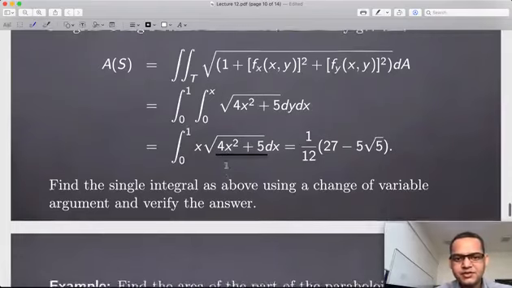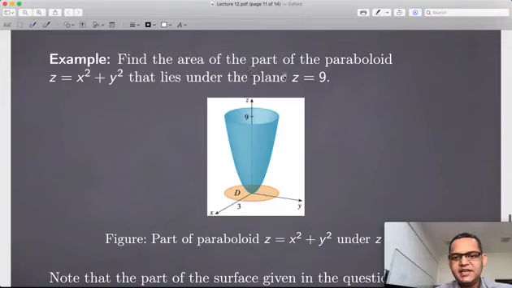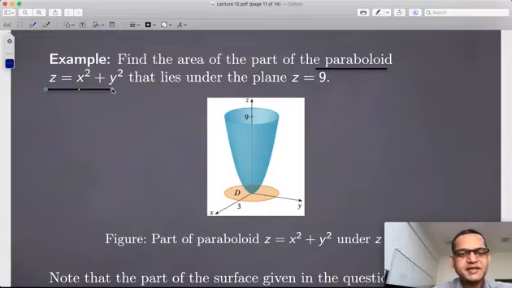Okay, so do this. I give you one more example over here. Find the area of the part of the paraboloid. These are the surfaces which we had drawn in the beginning. The cross sections are again parabolas, correct? z and x, this is a parabola, and z and y is also a parabola.